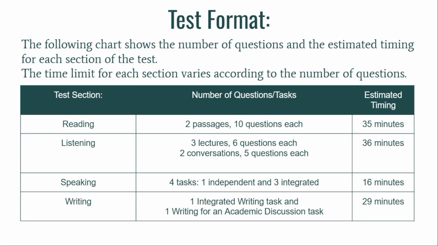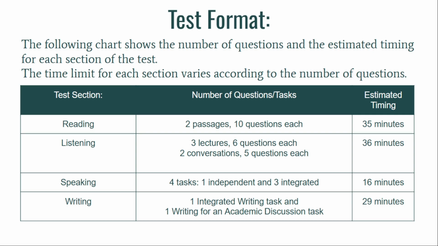Next, after that, we have the listening section. The listening section will test how well you understand spoken English in an academic setting. You will listen to two conversations and three lectures over here. Overall, you will get 36 minutes as I told you before, and you will get tentatively 28 questions over here.